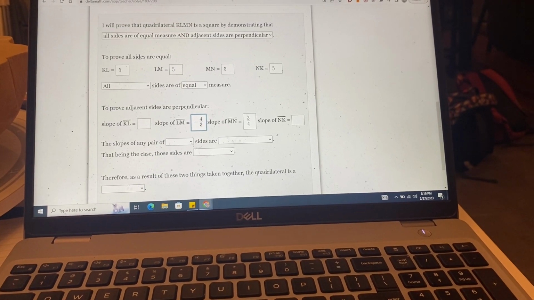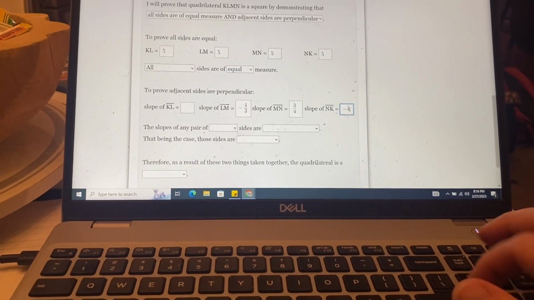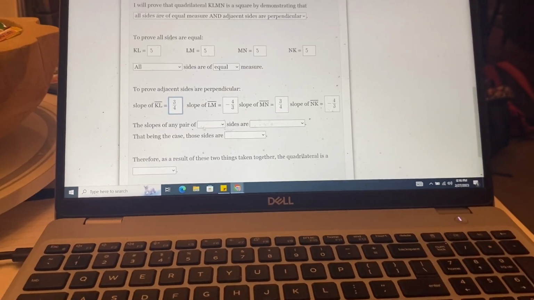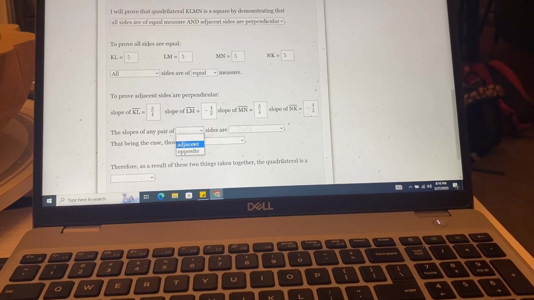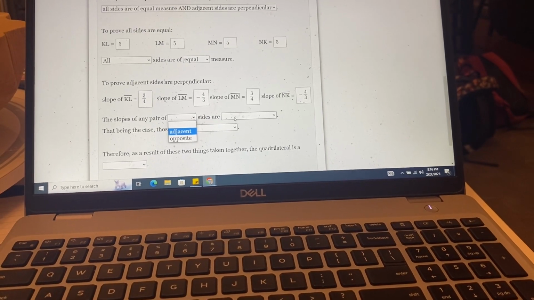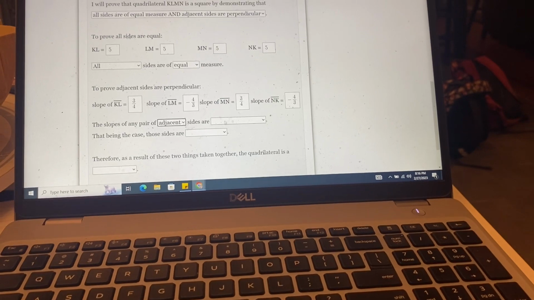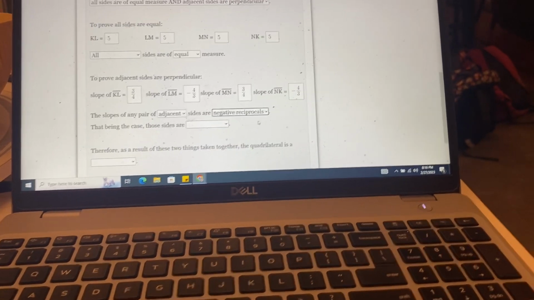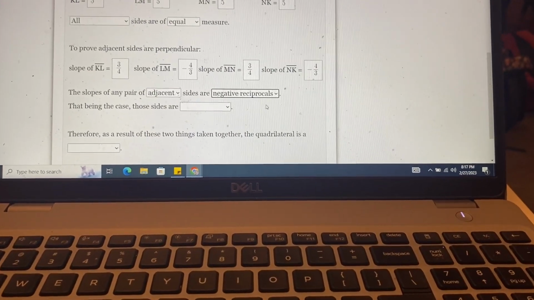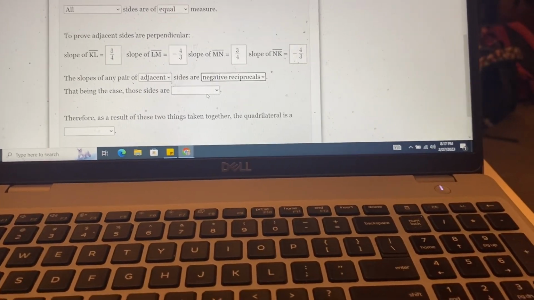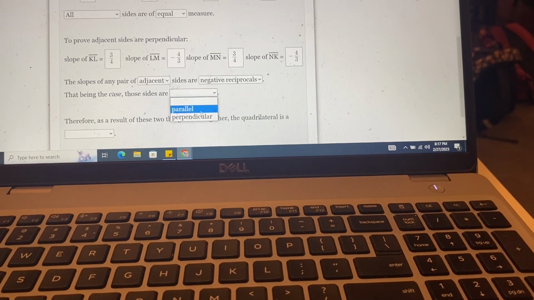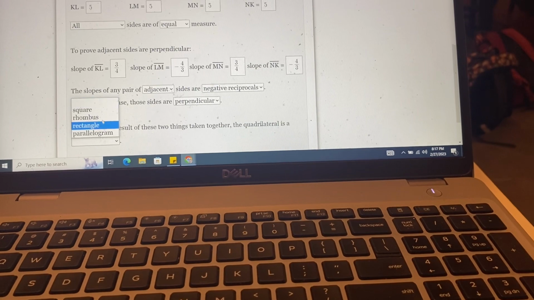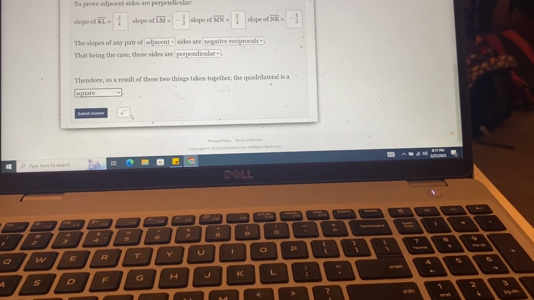So KN, or NK, is going to be a negative 4 thirds, and KL is going to be 3/4. The slopes of any pair of adjacent sides, there we go, are negative reciprocals. Okay, we said opposite reciprocals, but this is the same thing. And in that case, those sides are perpendicular. As a result of these things taken together, this is a square.